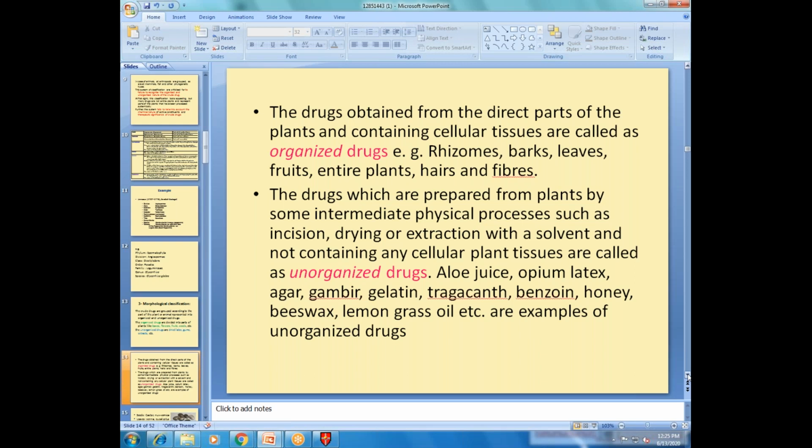That is why it is called unorganized. Organized means cells organized in one particular manner, whereas in unorganized there is nothing to organize, meaning they do not contain any cells or tissues. For example, aloe juice, opium latex. I know you don't know opium latex.